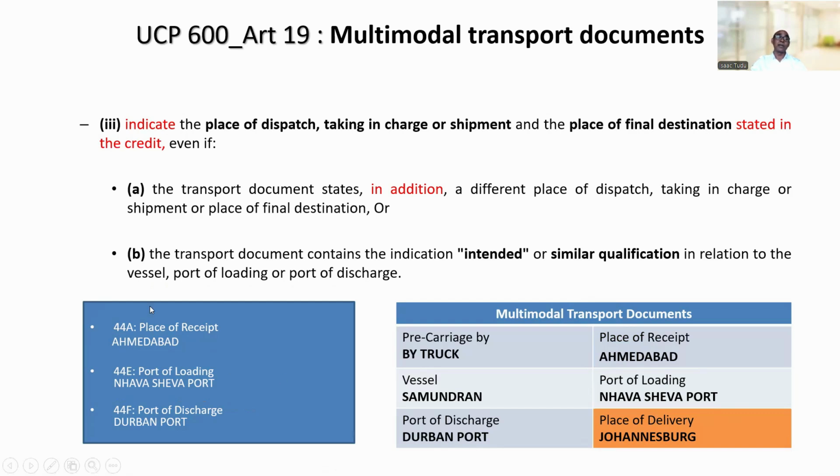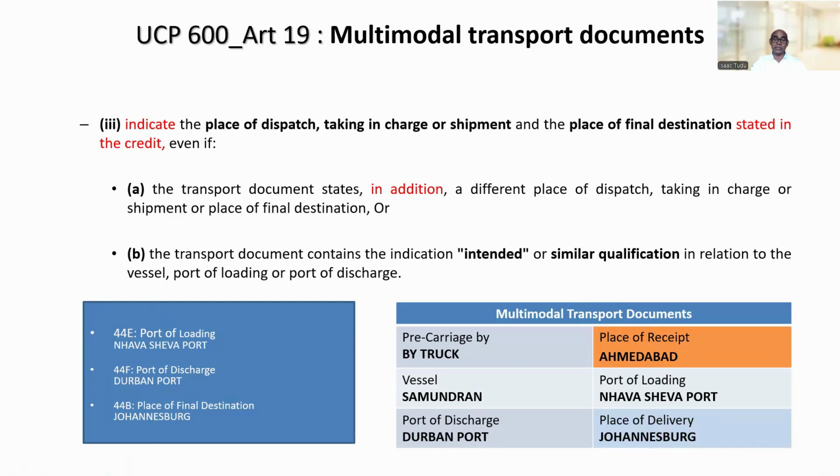You can see here in this example, it starts with road. Okay, so place of receipt Ahmedabad, port of loading Nhava Sheva port, and port of discharge Durban port. You can see here everything is complied in this particular multimodal transport document, but it goes beyond the port of discharge. It goes to Johannesburg. So after the final destination also it is mentioned. So this allows a carrier to issue a document which covers not only the journey foreseen by the sea.